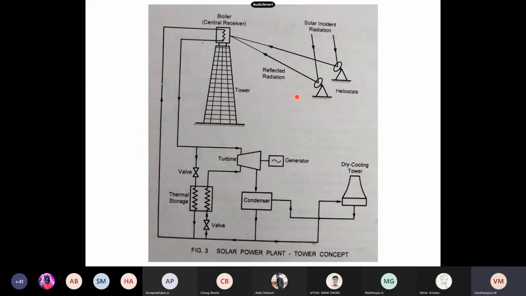First we will go through the nomenclature. We have the boiler at the top, that is the central receiver, and around it various reflectors, the heliostats. Solar incident radiation is reflected to the central receiver, where the water is raised to a very high temperature, the superheated condition.